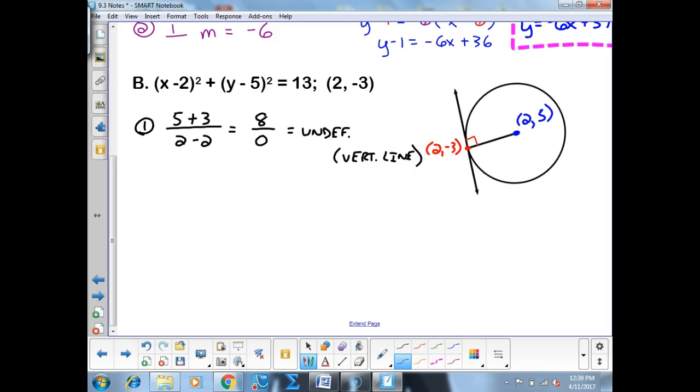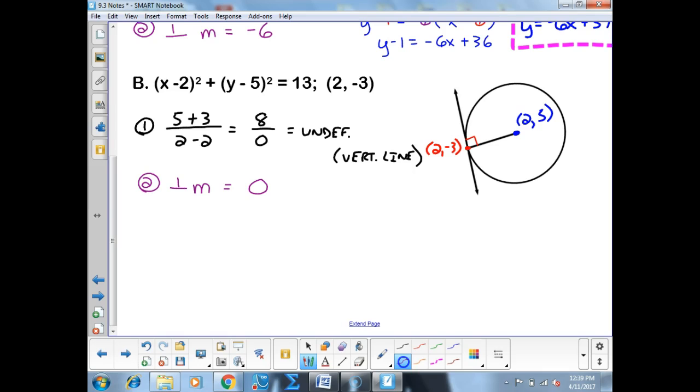So, what slope does a horizontal line have? It's got a 0. Because if I flip this fraction over, I've got 0 divided by 8, which is 0, and the opposite of 0 is just 0. Or if you wanted to write it as negative 0, that's fine.